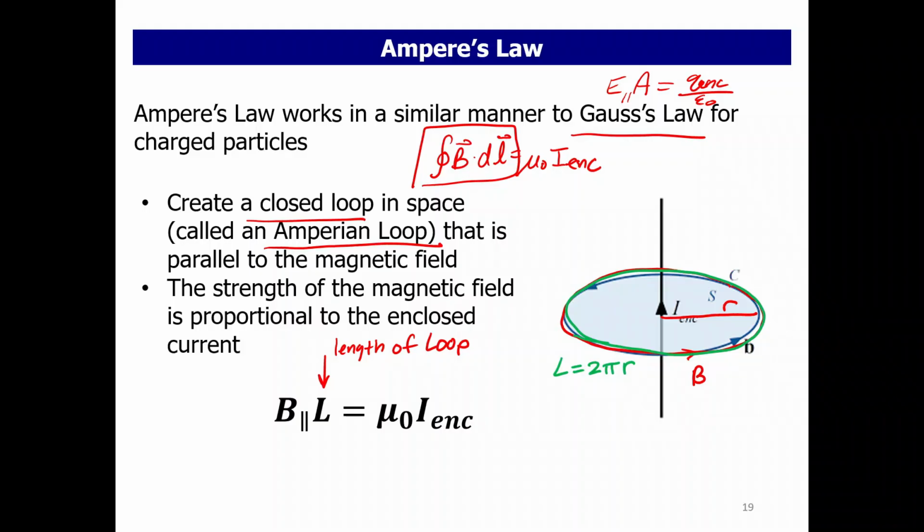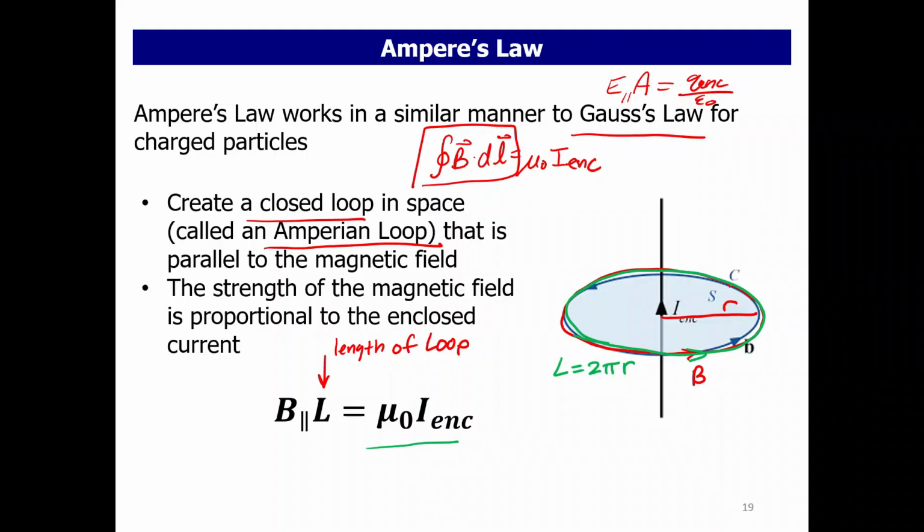So if the length of my loop is parallel to my magnetic field, because I've chosen a loop that's symmetrical to my magnetic field, then the product B times L is equal to mu naught I enclosed. This allows us to find the magnetic field of a long straight wire.